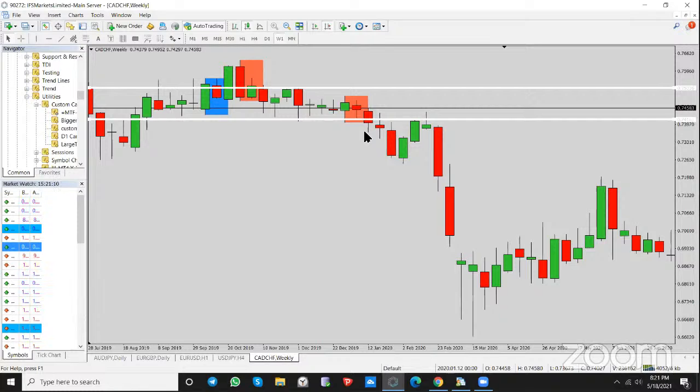Of course, OCO can be placed. For those of you who don't know, OCO means, I forgot the actual term, something like one cancels the other. My idea is that the vast majority of traders don't use OCO. We only use the usual: market entry, sell limit, buy stop, sell stop.